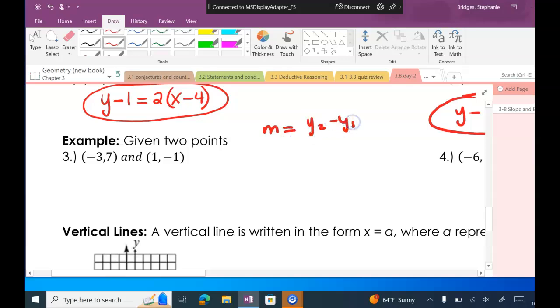This is where we want to label our 2 ordered pairs, x1, y1, x2, y2. Plug those into our formula to find the slope. That should be the very first thing we do. I can't write an equation with point slope form if I don't have the slope.